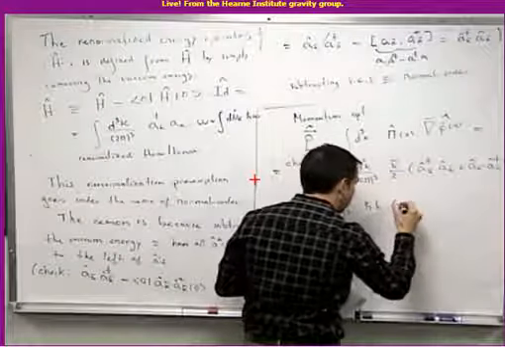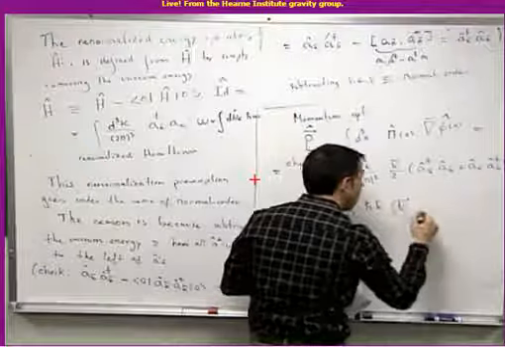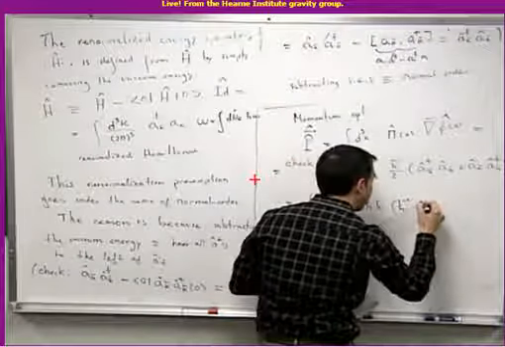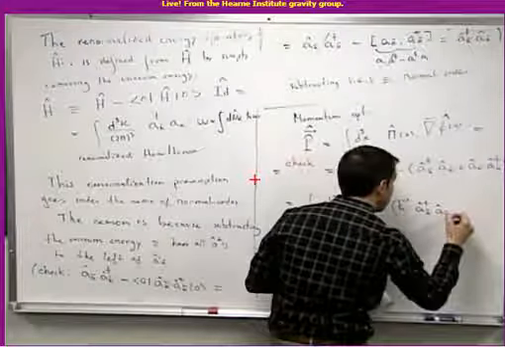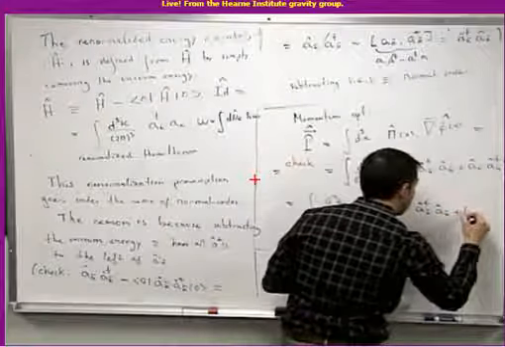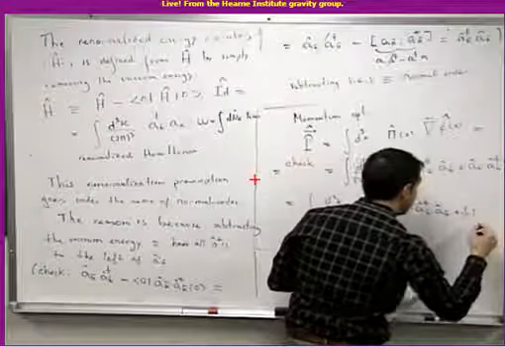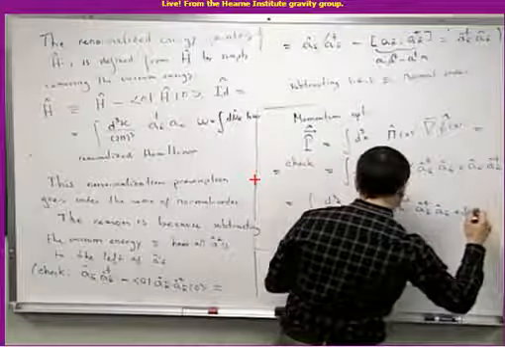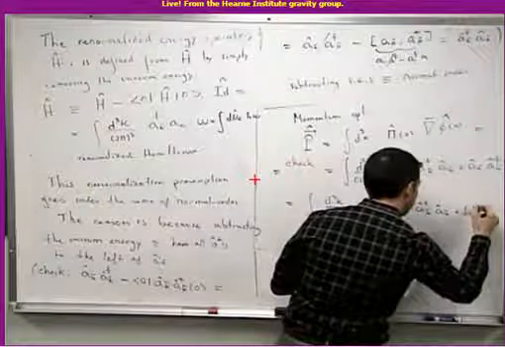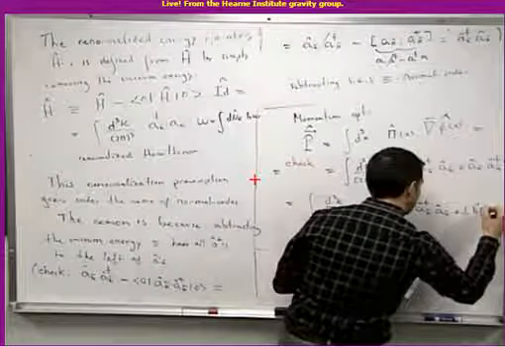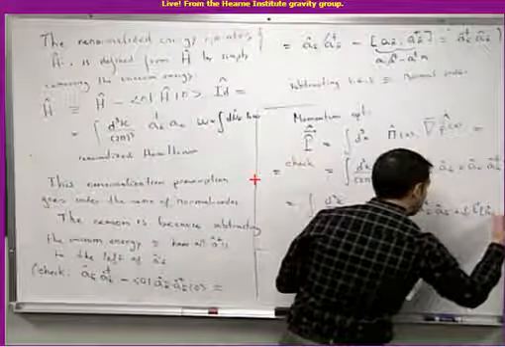I am taking h bar outside, A dagger k, A of k, plus 1/2 of the commutator A dagger.